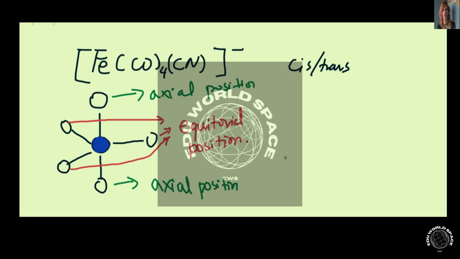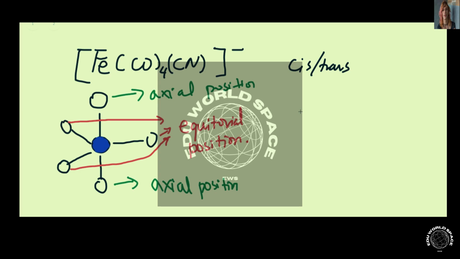So for the newly formed complex Fe(CO)4CN, the possible geometry is that the cyanide can be either at an axial or at an equatorial position.